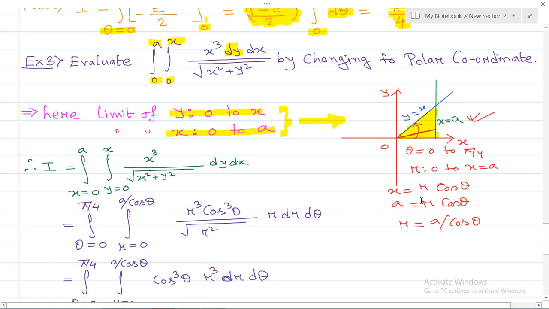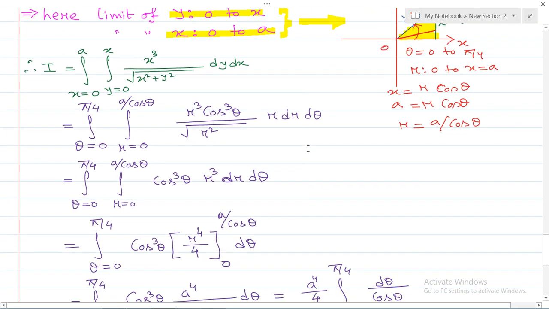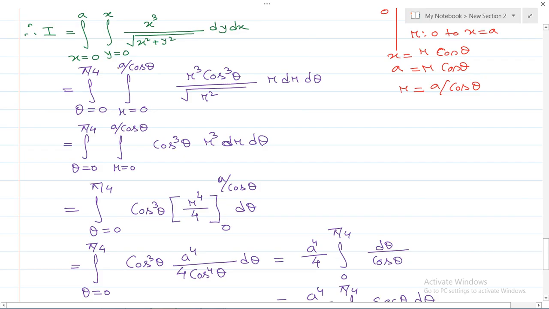So now we have to make all these substitutions. x is going from 0 to a, y is going from 0 to x, x cube over root of x square plus y square dy dx. Here theta changes from 0 to pi by 4, and r goes from 0 to a upon cos theta.